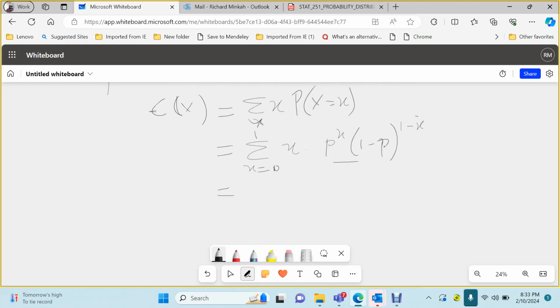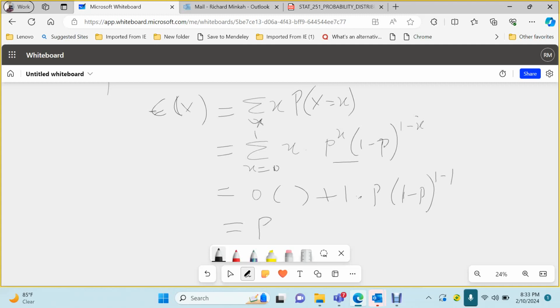It will be 0. 0 times whatever will get 0. Plus 1 times P, 1 minus P to the 1 minus 1. This part will be 0. We are left with P. Is everybody okay? Yes. Good. So the expected value of X is P. And that is what you see in the slide.